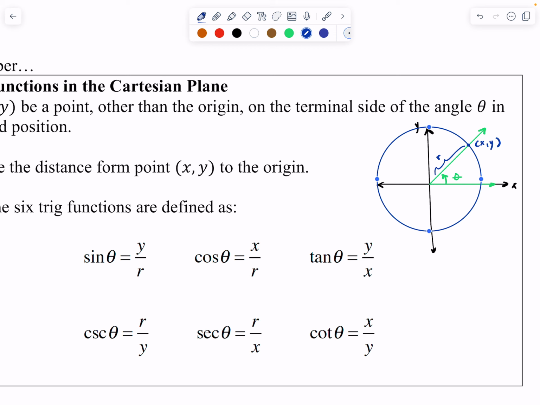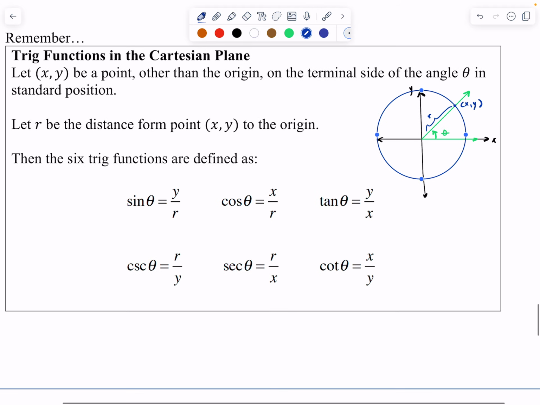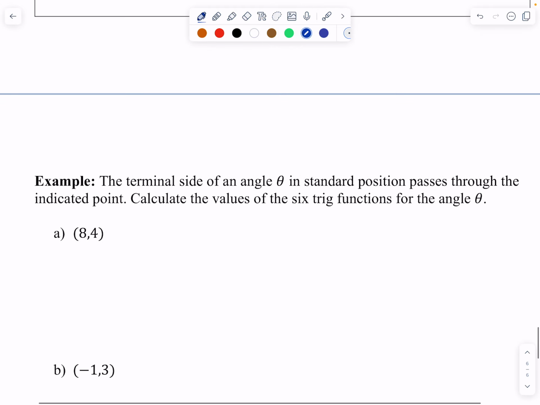But we can extend, and if we think about the terminating side of an angle that's in standard position, passing through a point x comma y, we could still come up with what the ratio of sine, cosine, tangent, or any of the reciprocal trig functions are for a particular angle theta. And that's what we're going to be practicing now.